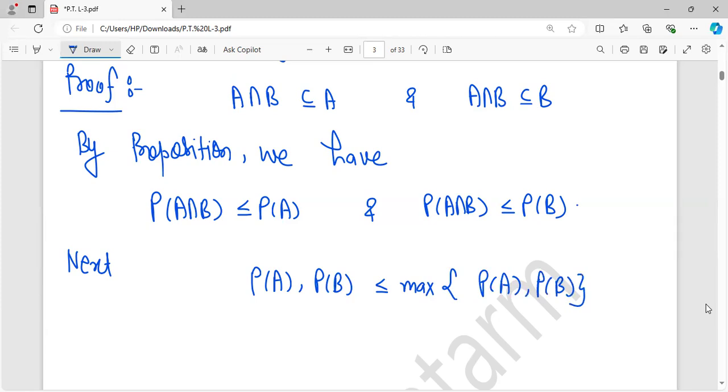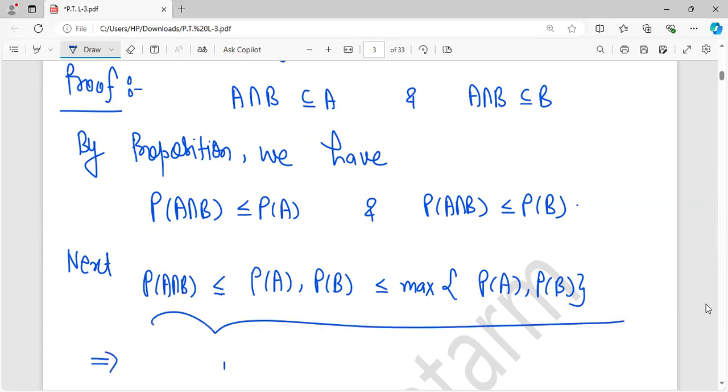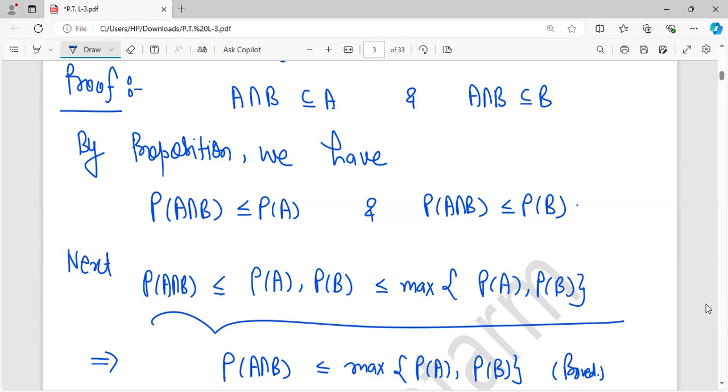But the probability of A intersection B is less than both of these. It means that the probability of A intersection B is less than or equal to the minimum of PA, PB. So this is proved, and these two parts are also proved.